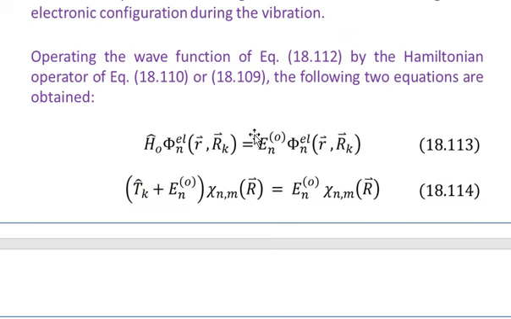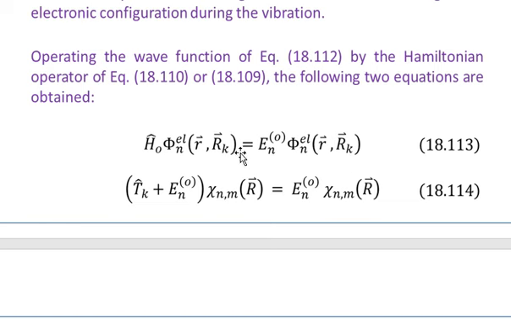You can work out yourself that these two equations are correct. So you see that H naught operator operating on phi n of EL, which is a function of R and RK, and on the right hand side you have En of 0, which is the eigenstate energy, and then again the wave function phi n EL as a function of R and RK.